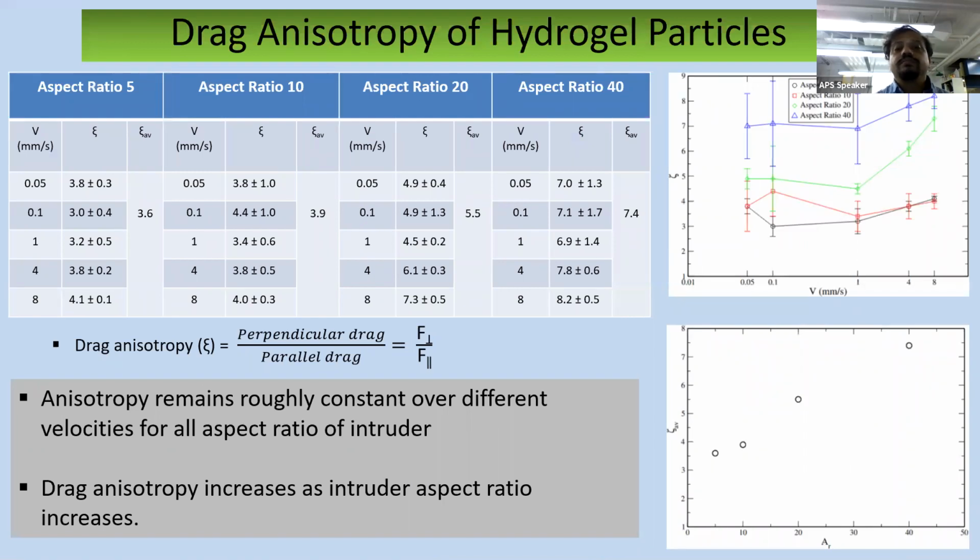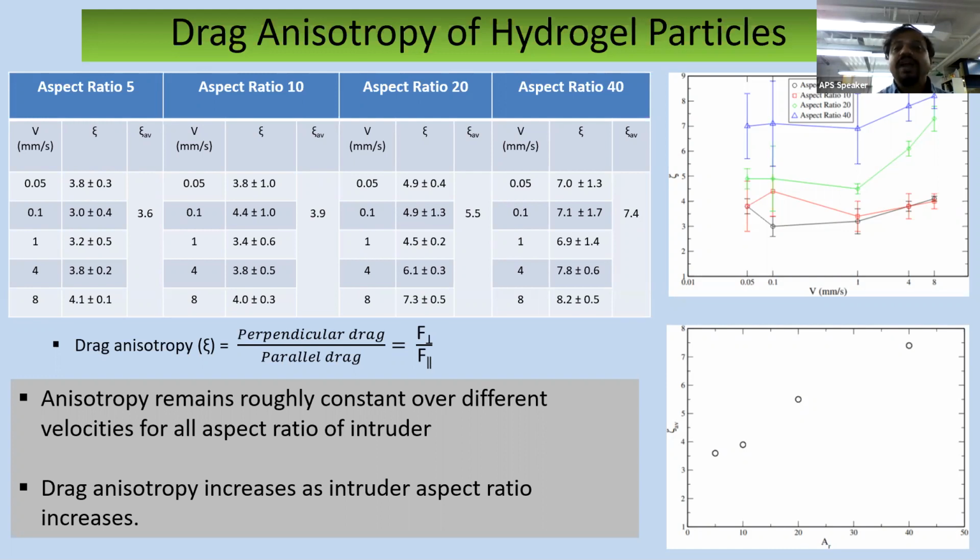Then we calculated the drag anisotropy, which is the ratio of perpendicular drag to the parallel drag. For a particular aspect ratio, we found that there is no impact of the variation of velocity on the drag anisotropy. So at low velocity and high velocity, the drag anisotropy is almost comparable.